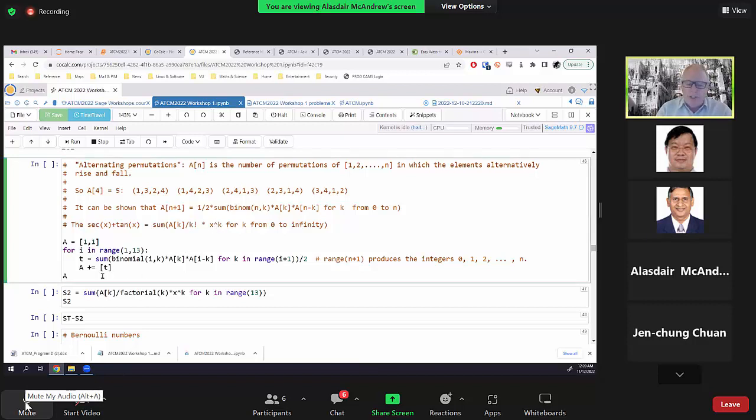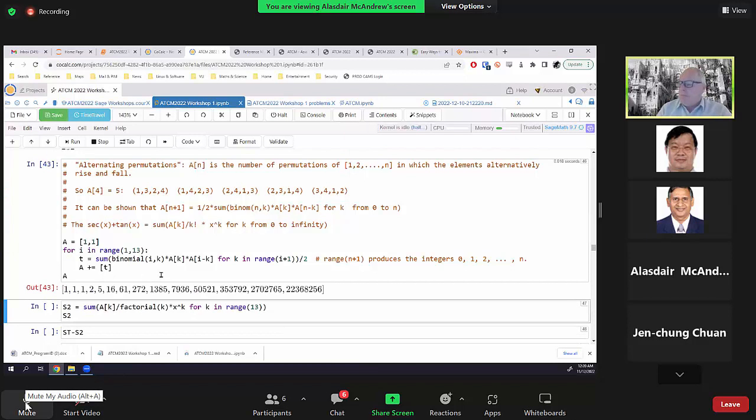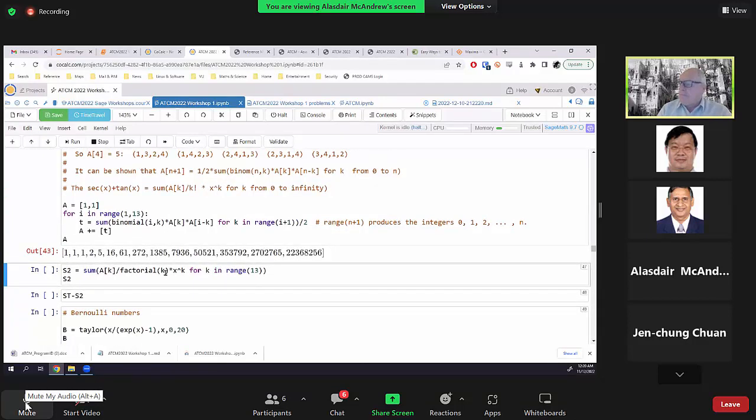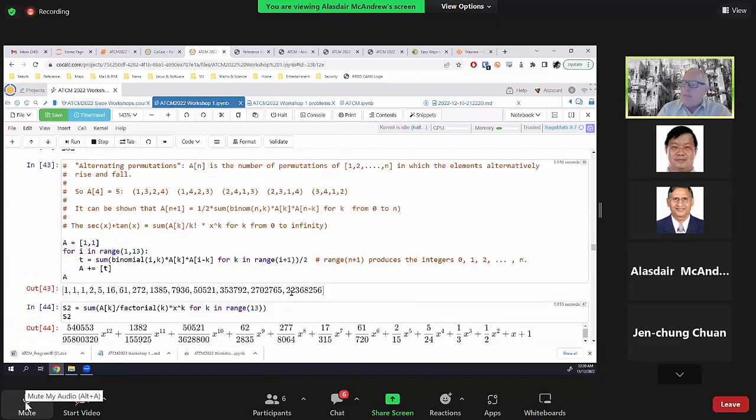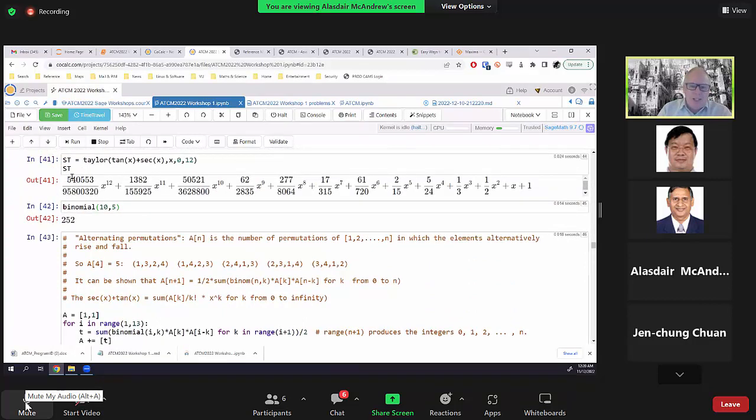And if we do that, there's our number of alternating permutations. And if I turn them into a series, what we have here is exactly what we had up here. So a nice little snippet of information. So you can get the structure of the series for tan and sec by using this rather delightful idea of alternating permutations and their numbers.